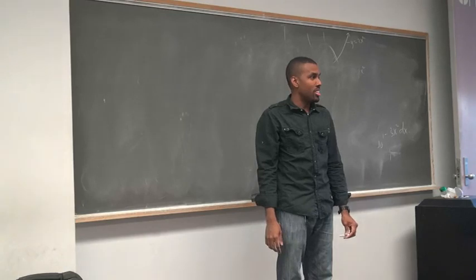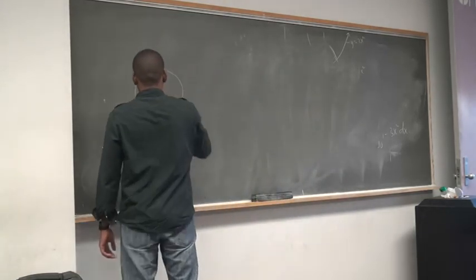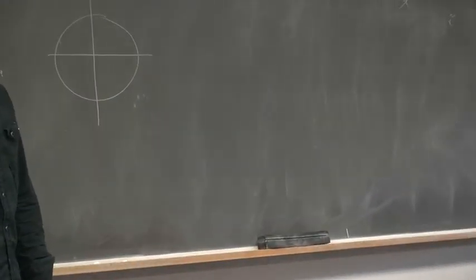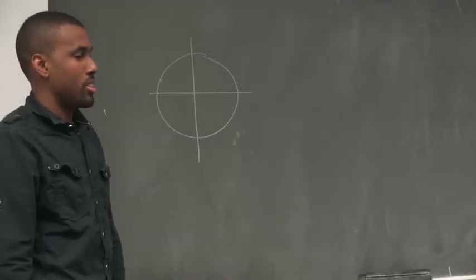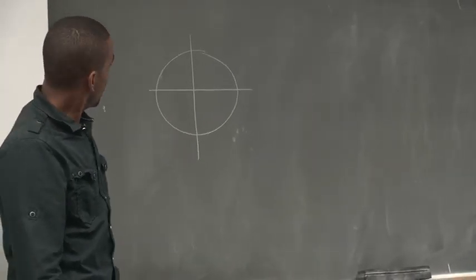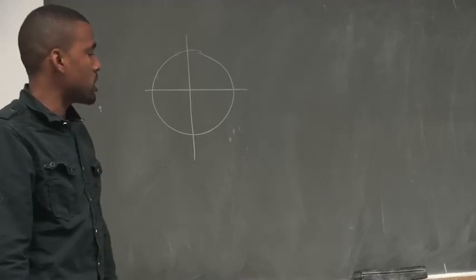You randomly plug them in. You would draw a unit circle to figure out sine of 7 pi over 6. Well, yeah, I know it's the same thing as sine of pi over 6. Sine of 7 pi over 6 is not exactly the same as sine of pi over 6.